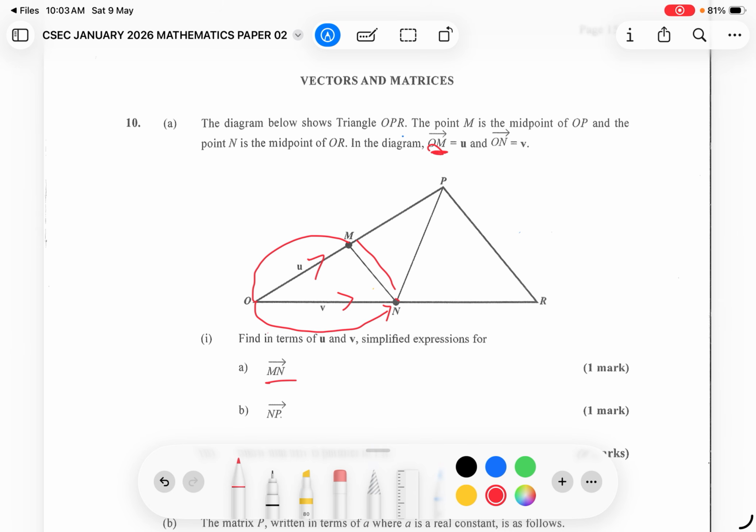From M to O on the diagram would be described in terms of U, and from O to N is described in terms of V. But pay attention.